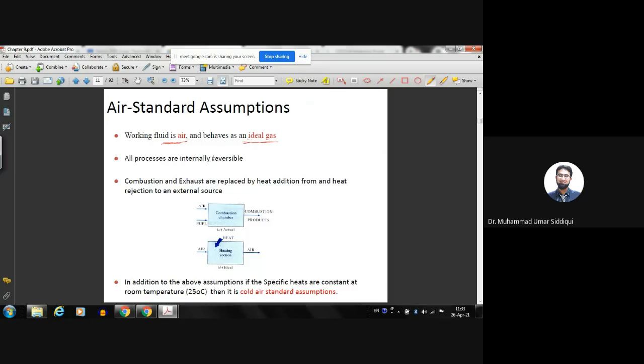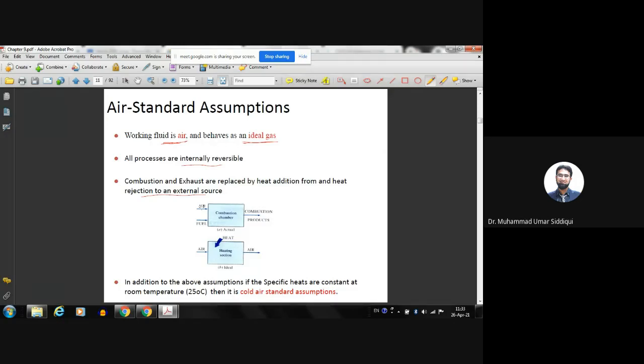All processes are considered internally reversible. The combustion and exhaust are replaced by heat addition from and heat rejection to an external source. In reality, heat addition to air is a complicated process where the fuel and air are mixed together. The fuel is atomized, they're mixed together perfectly, and then it is ignited to combust, and because of the combustion, heat is added to the air.